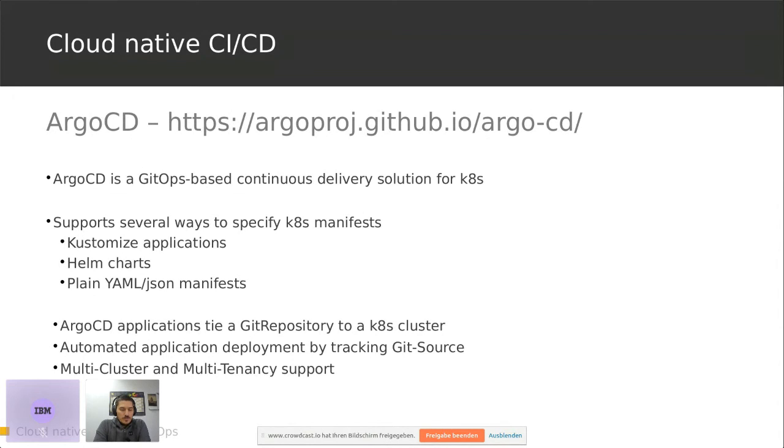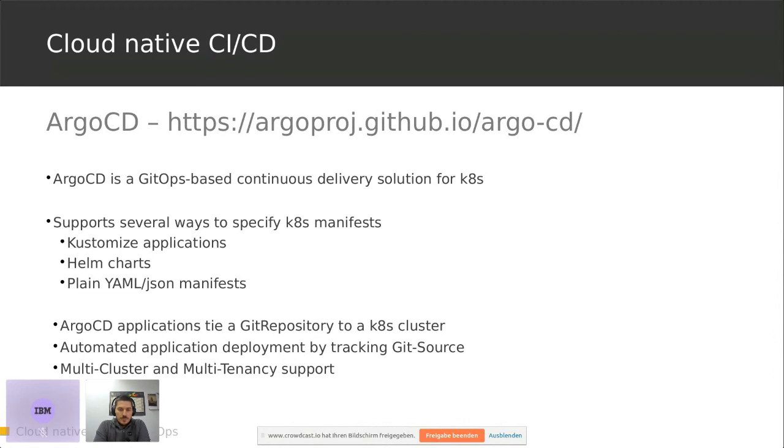And also one of the features that is good to know is that ArgoCD can do multi-cluster setups. So you can run ArgoCD on one Kubernetes cluster, but you can then from this cluster also manage other Kubernetes clusters or deployments on other clusters.